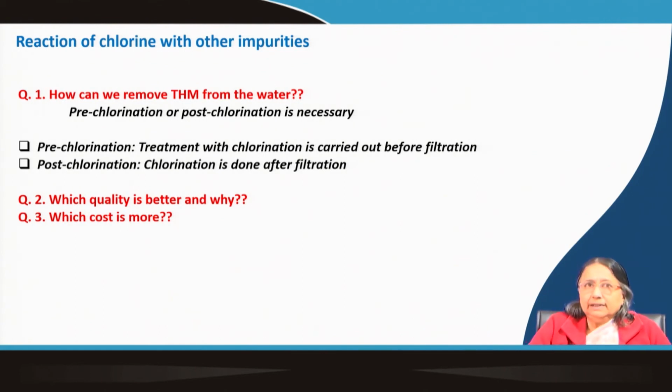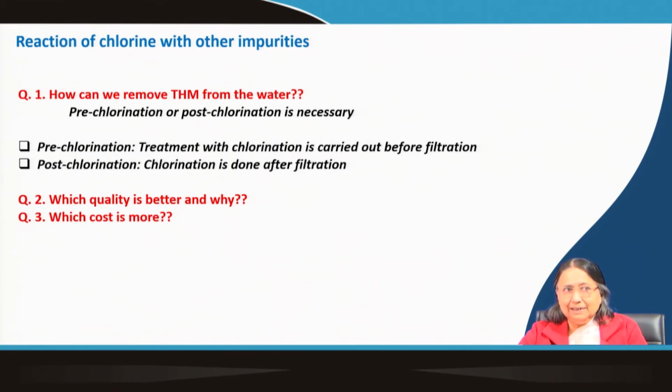Pre-chlorination is treatment with chlorine carried out before filtration. Means first we do the chlorination, then we filter the water. Why filtering? Because through filtering we can remove the formed THM.